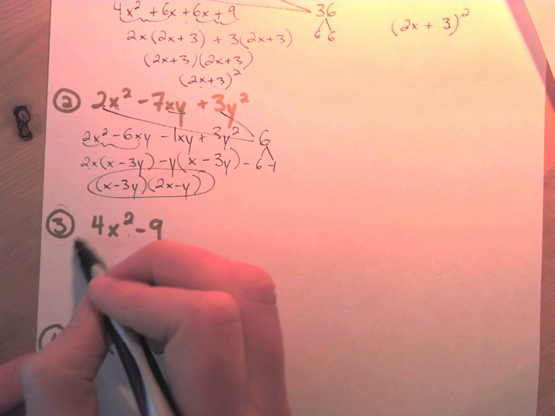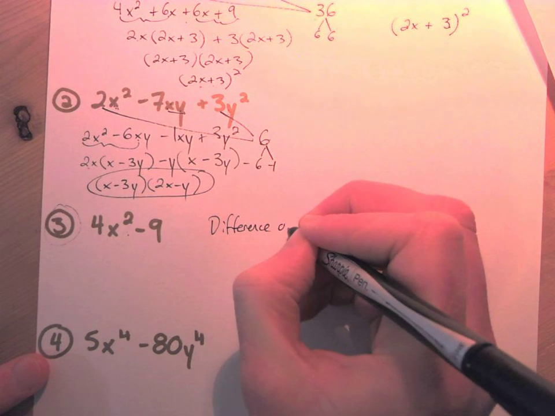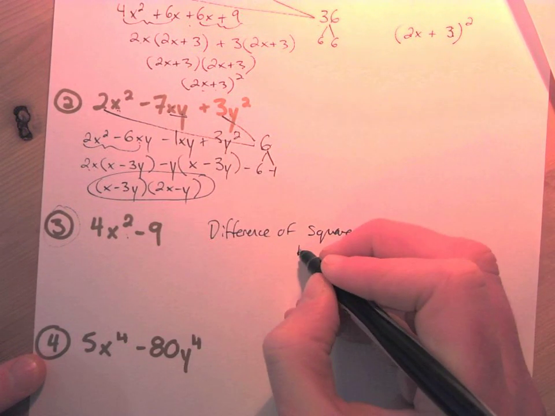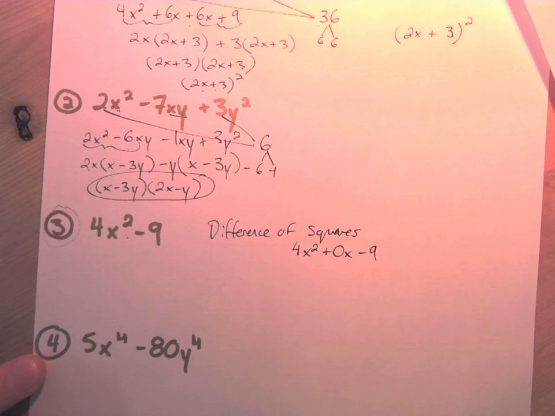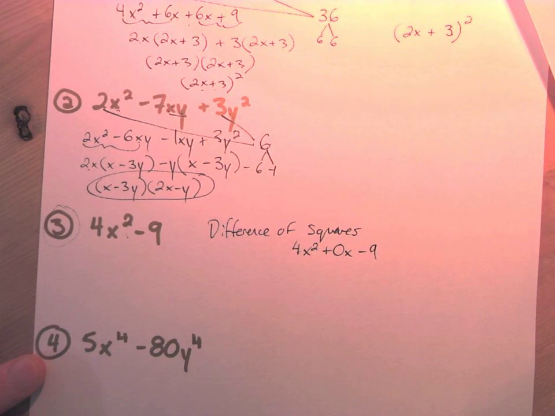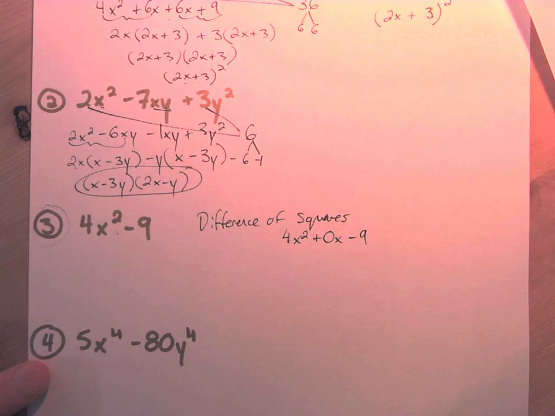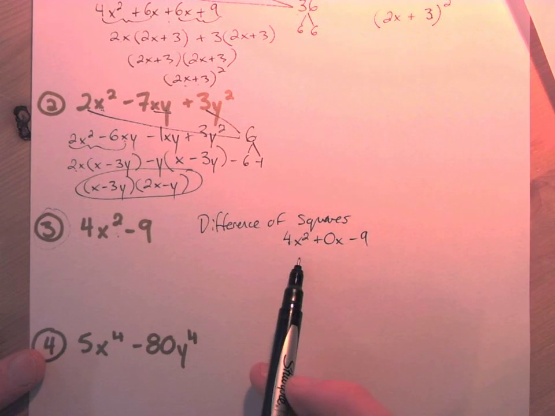Alright, question 3, this is the big part. This is the difference of squares. So the interesting thing about this, if I rewrite this question like this, 4x squared plus 0x minus 9, you can do that question as a hard trinomial problem, and you're able to do that right now. So you don't actually have to memorize a certain type of difference of squares, you just have to change it.